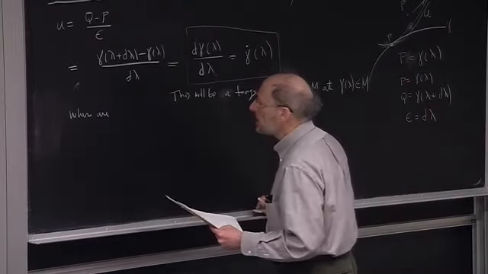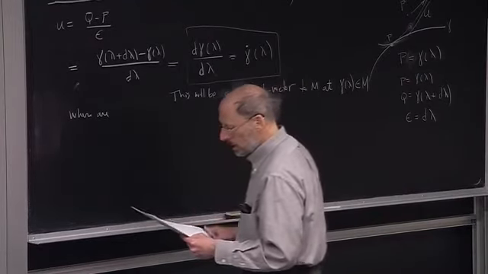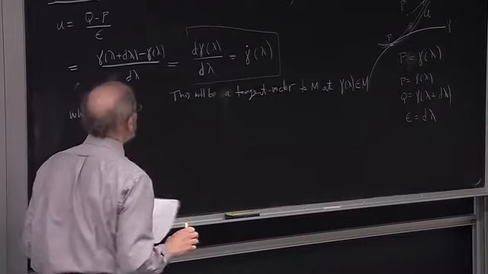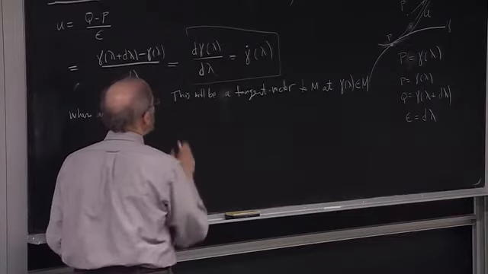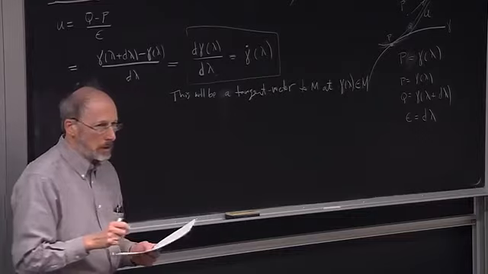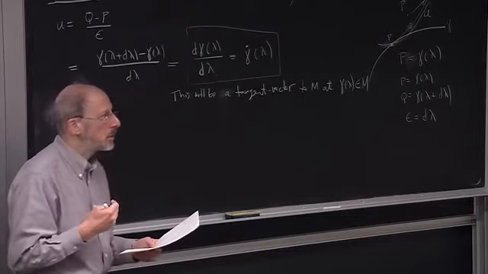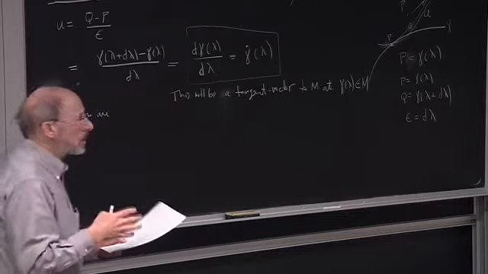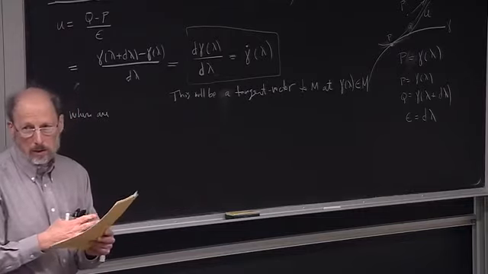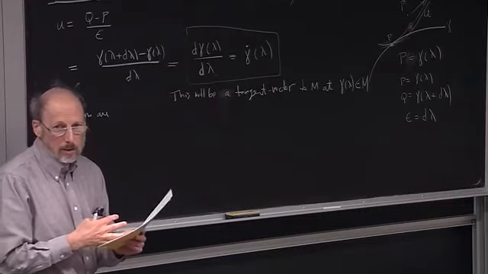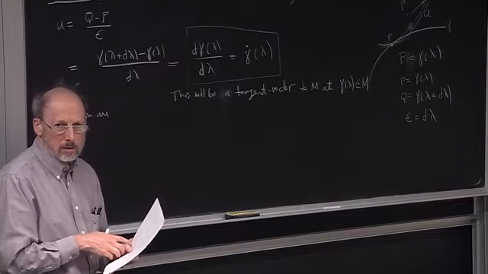To make this definition precise, I'm going to say that the tangent vector is an equivalence class of curves. That'll be the precise definition. All those curves that are tangent to each other define a tangent vector. So is the strategy clear? Okay.